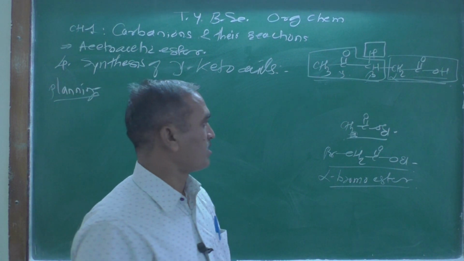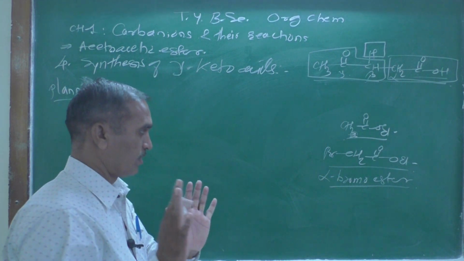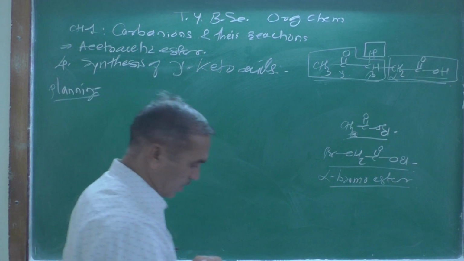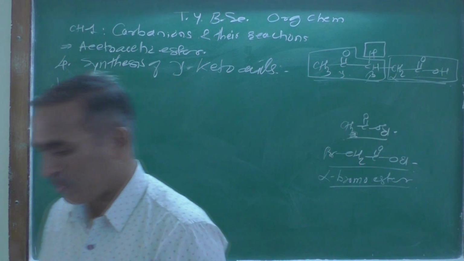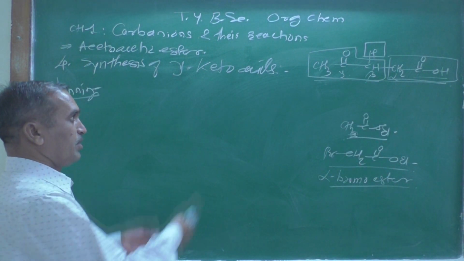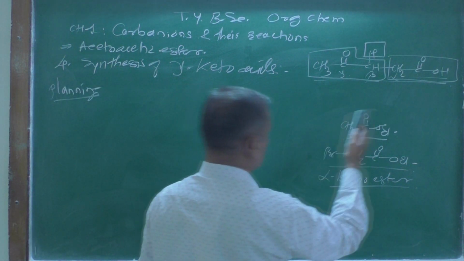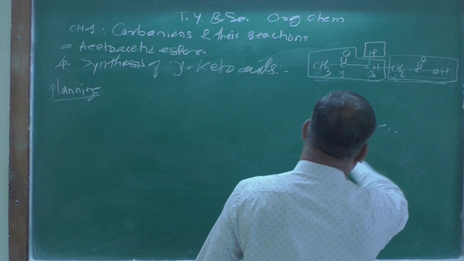Now let us see over here. This is the whole thing we can call planning. You do the planning first, do the proper planning, and then you can get your desired, expected product.